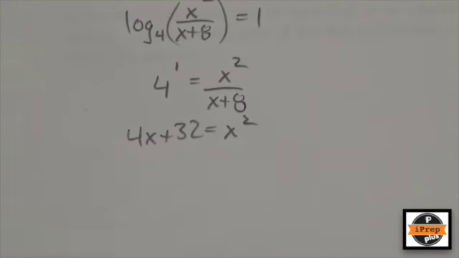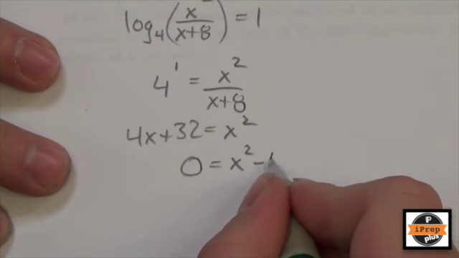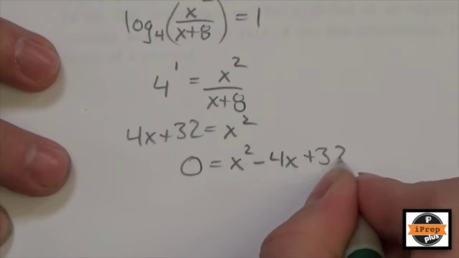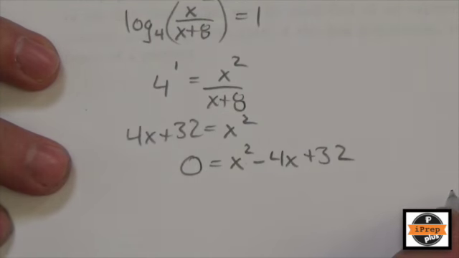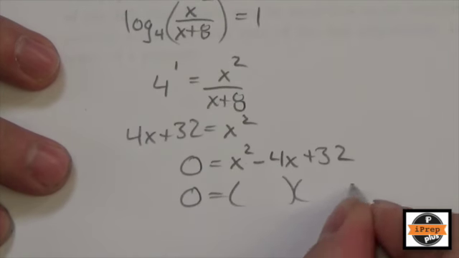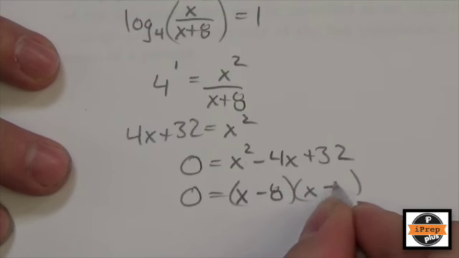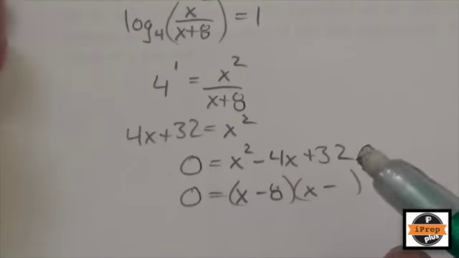It's a quadratic, so I'm going to bring every term over and set it equal to 0. So 0 is equal to x squared minus 4x plus 32. I will factor that. So that'll become x minus 8... Oh, no, that doesn't work.